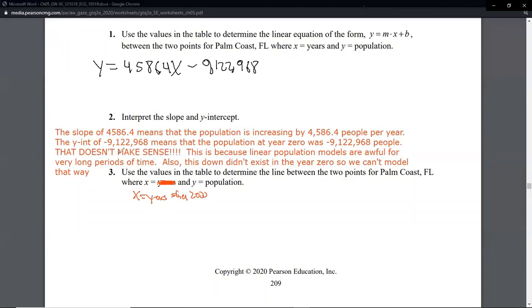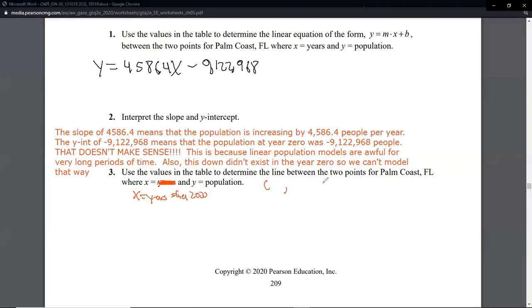So now we want to take this to a shorter time frame for modeling the population, which I've already alluded to is generally better for lines. You don't want to do a population model for more than like 30, 40, 50 years with lines. It's a terrible idea. All right, so we're going to use the exact same 2 points, which I'll just write up here. But now we're doing years since 2000.